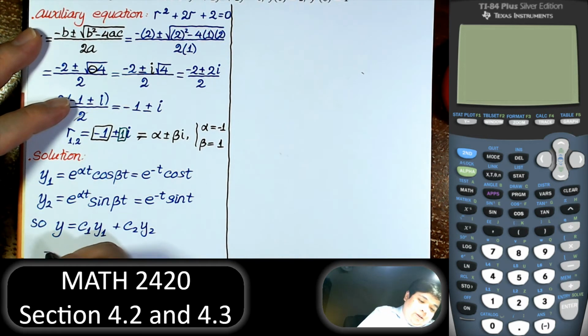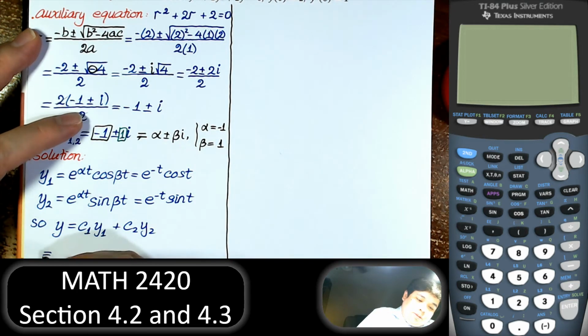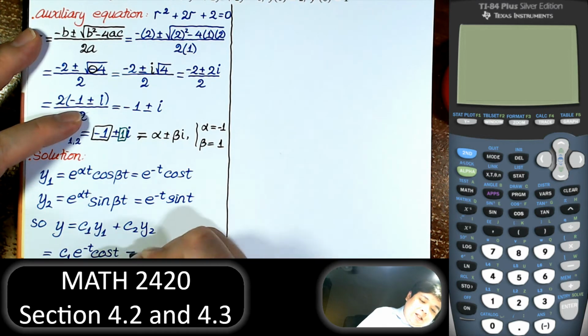So we have c1 e to negative t cosine t plus c2 e to negative t sine t.